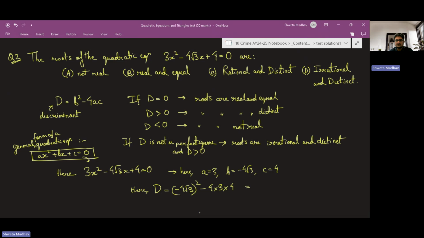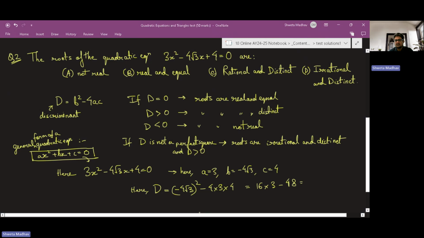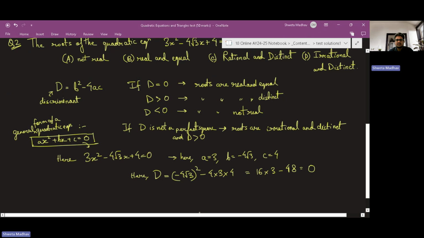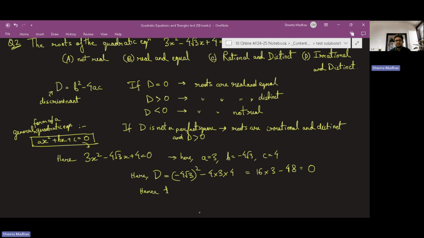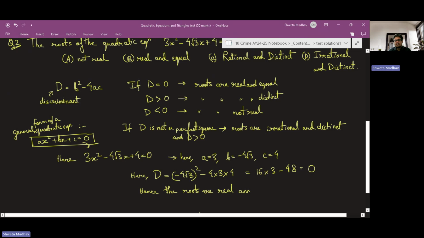So this is equal to 16 into 3 minus 16 into 3, that is 48 minus 48, that is equal to 0. So here d is equal to 0. Hence we can say that the roots are real and equal. So hence option B is the correct answer.